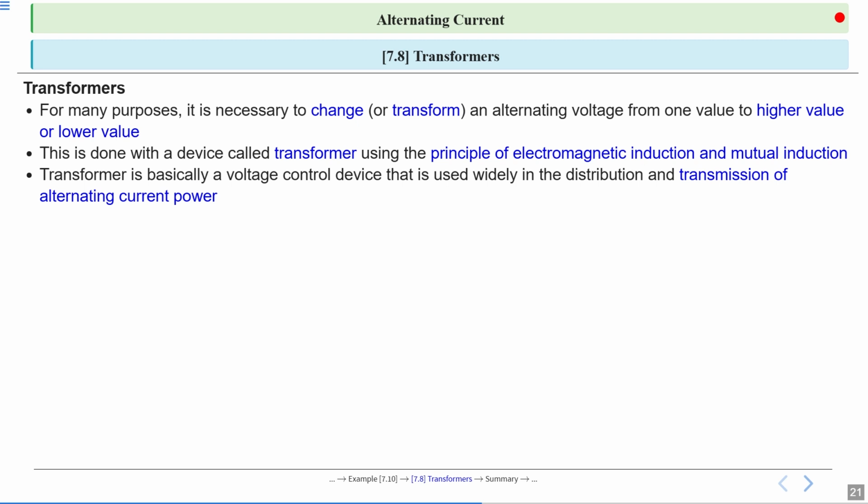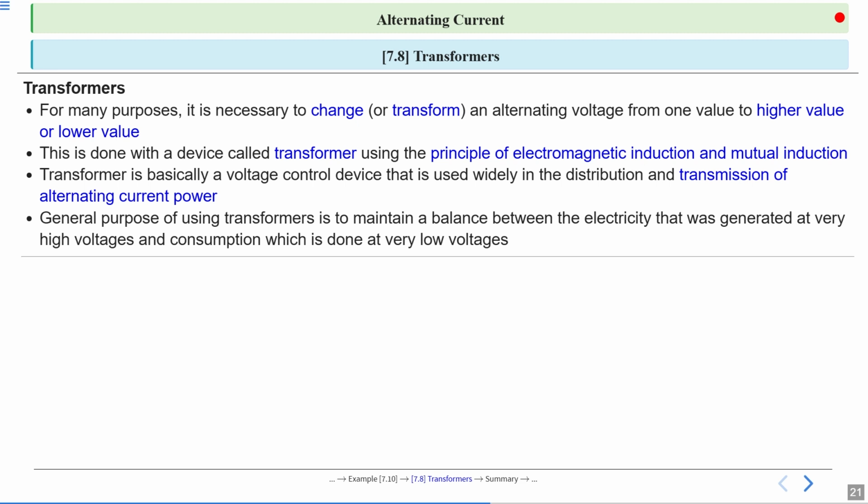The general purpose of using a transformer is to maintain a balance between electricity that is generated at very high voltages at generating stations, where power is being generated and transmitted, and where we are going to consume it, at consumption sites, which is done at very low voltages.